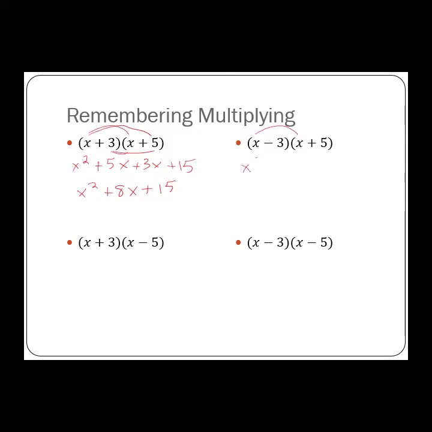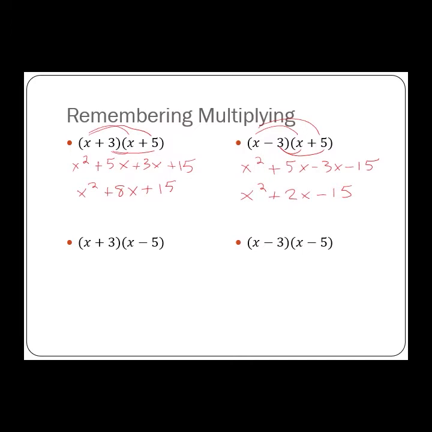Let's do out this one. x squared plus 5x minus 3x minus 15. So we get x squared plus 2x minus 15. We have a minus on the end, this negative 15, because that's a negative 3 times a positive 5. So this one ends in a negative where the previous one ended in a positive.